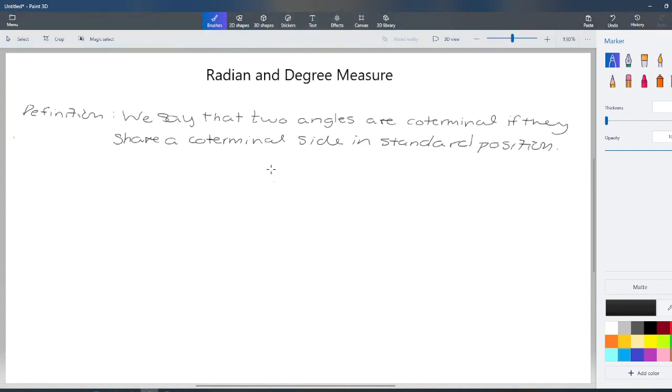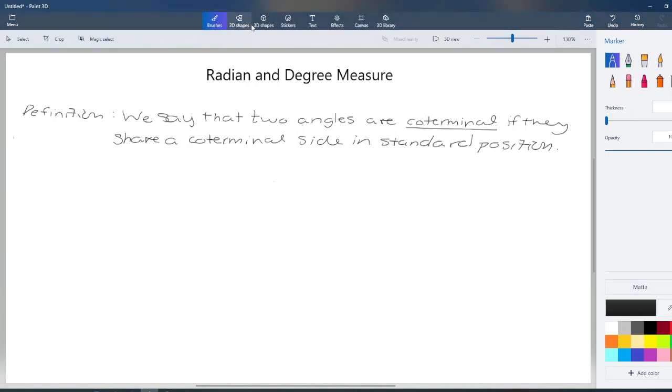Okay, so this may sound a little bit like you're defining it by just saying the name of it, but what it really means is when you look at two angles in standard position, their terminal side falls in the same exact place, meaning that the angles look the same, even if their measures are not necessarily the same.